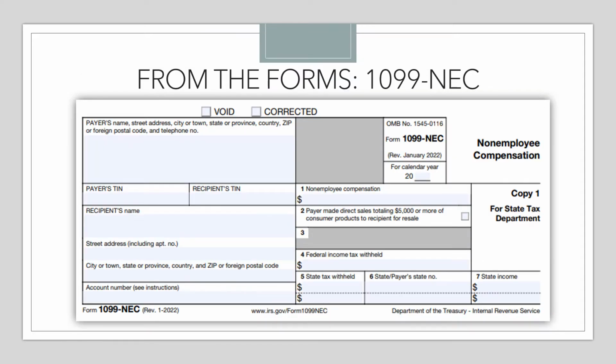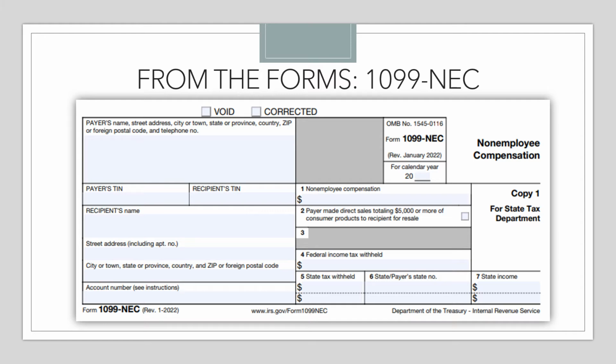So let's talk about some of the other forms that our taxpayers might be coming in with. These are forms that were given to them by an outside party. One of our probably most common forms that we will see is this Form 1099-NEC for non-employee compensation. And you can see here, it's a pretty straightforward form.